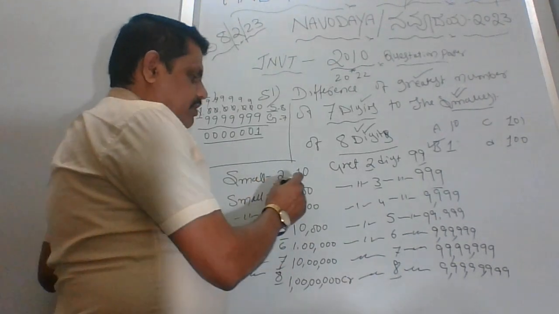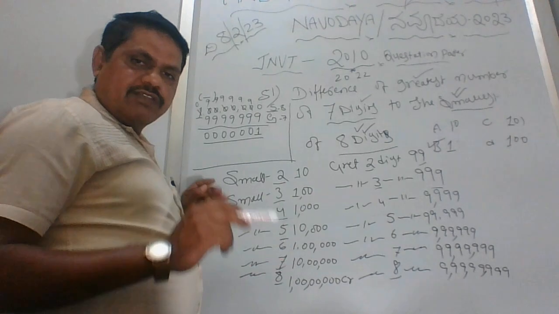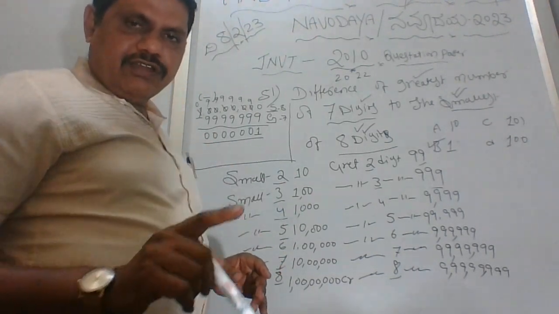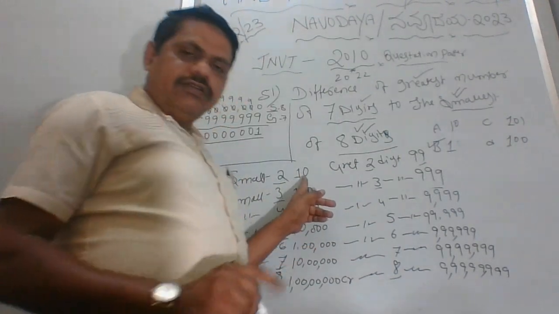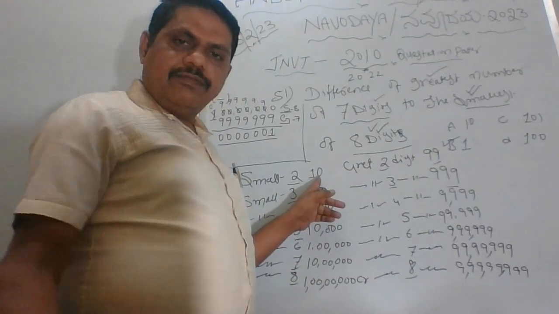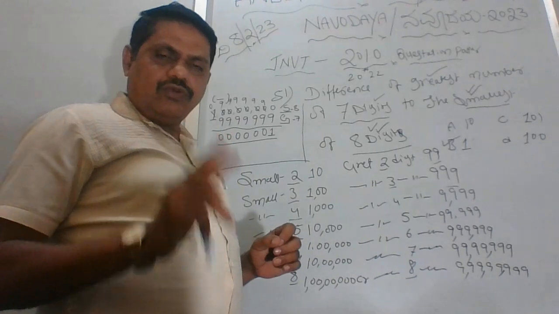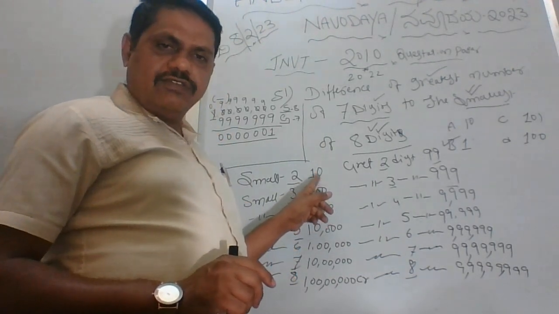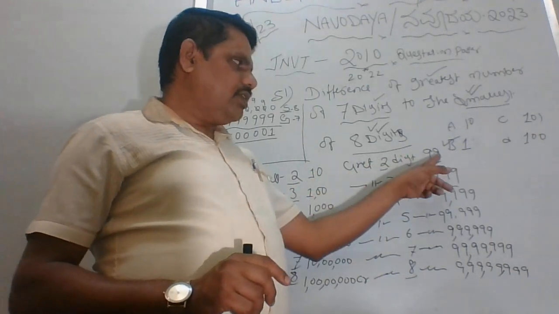The smallest 2 digit number starts from 10, because after 9 comes 10. So 9 is the single digit, done, and 10 is the smallest 2 digit number. Once you start from 10, till how many numbers can you write?